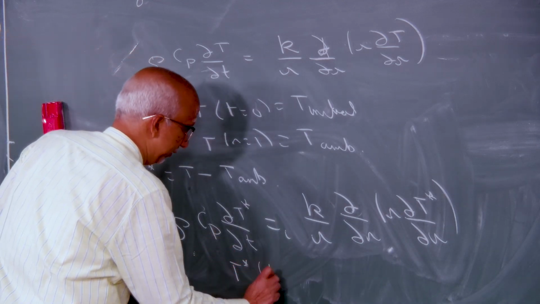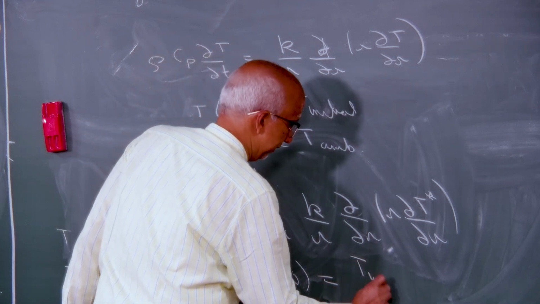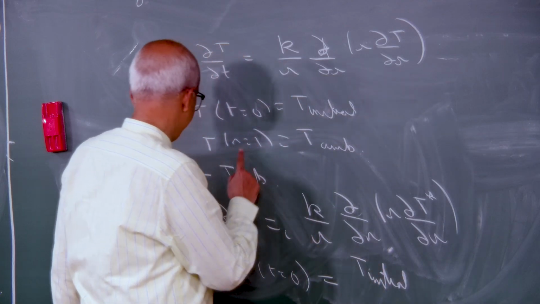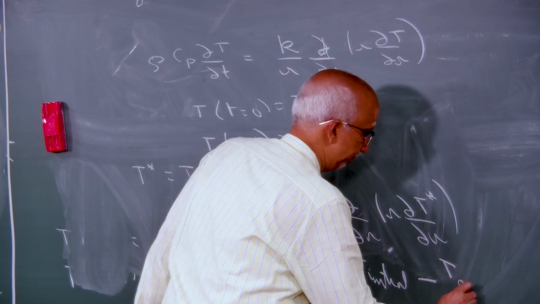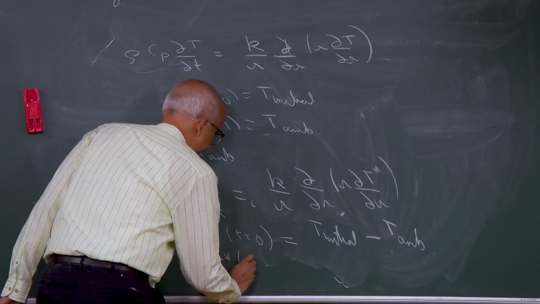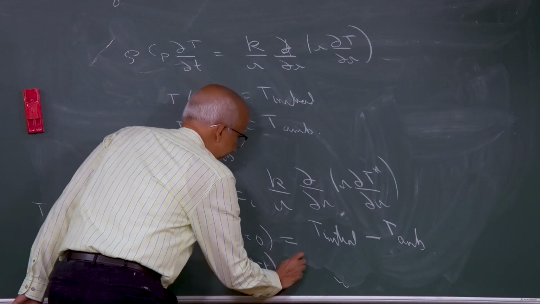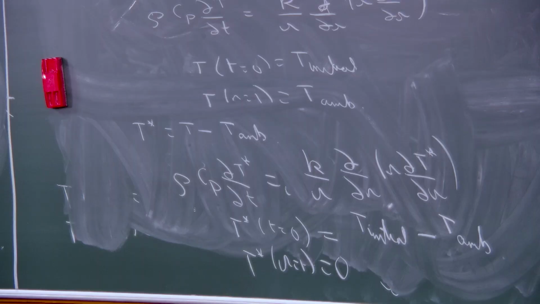T star at t equal to 0 equals T initial minus T ambient, and T star at r equal to 1 is 0. I am able to do all of this only because my equations are linear.